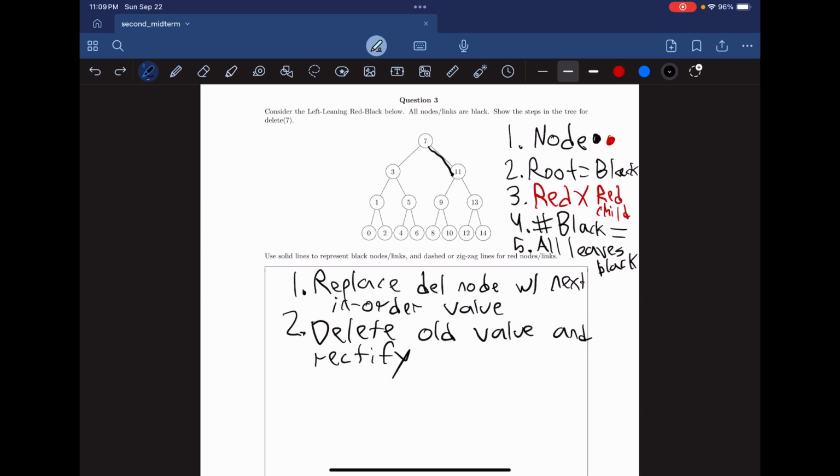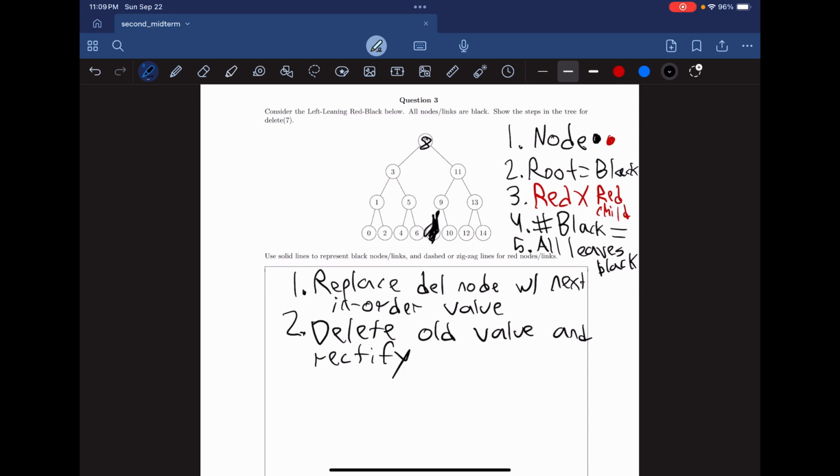So we're going to go to the right subtree and find the leftmost node, and we find it to be 8. So we're going to replace the 7 with 8. That's all we have to do for the first step. The second step is to delete the old value. So we're going to delete the 8, and we're going to rectify the tree.